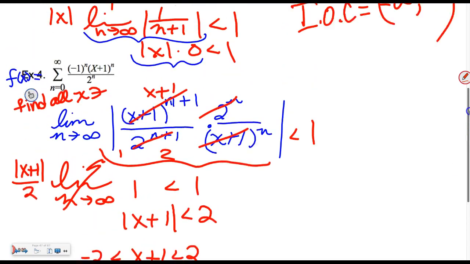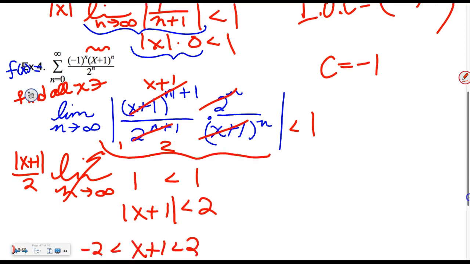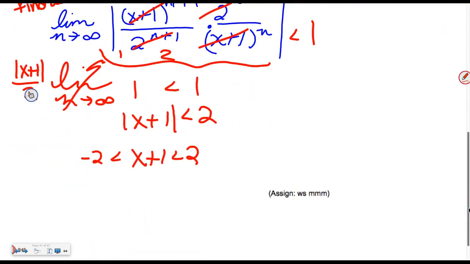But I'll tell you the way you're really supposed to think about this. If you go up to the top here, what is this guy's center? Because it says x plus 1. What is the center for my series? -1. It's x minus c. So really, this is centered at -1. And once we get it down to right here, this is x minus c, and I want that distance to be less than the radius.